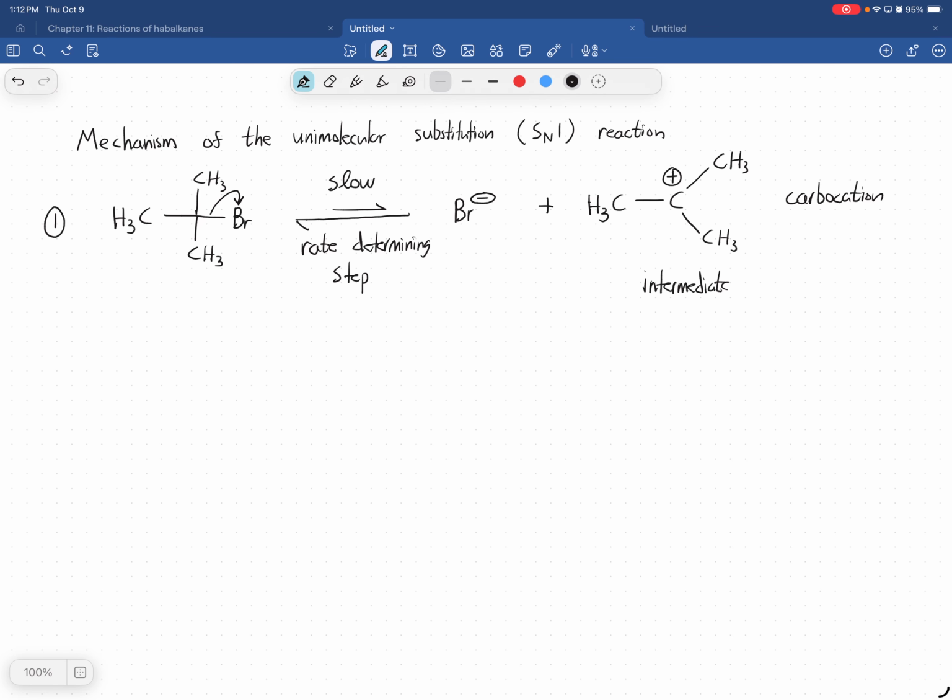Now, the next two steps are considered fast steps. Number 2 is the nucleophilic attack of your carbocation. This carbon is so reactive that any nucleophile nearby will pick it up. It doesn't matter if it's strong or weak.